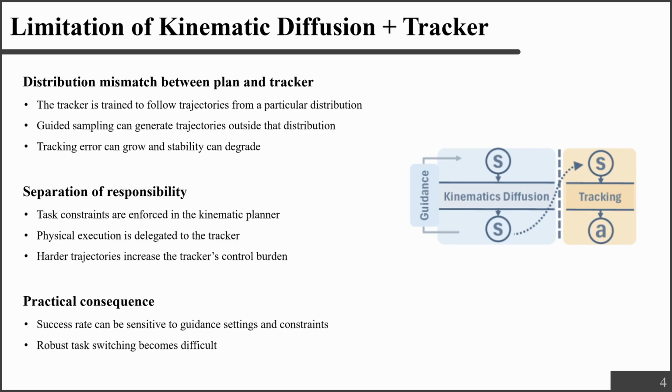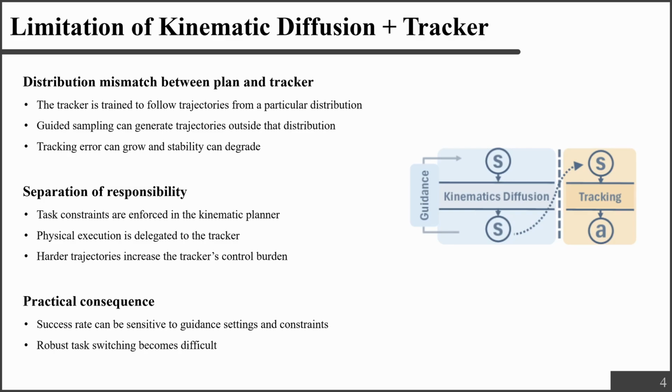Its stability and performance depend on that distribution. When we apply inverse time guidance or inpainting to the kinematic diffusion model, the generated trajectory can shift away from what the tracker can reliably follow. This is not only a quality issue.